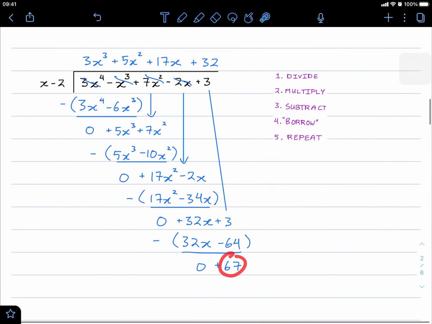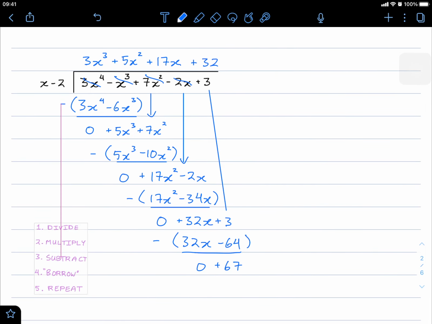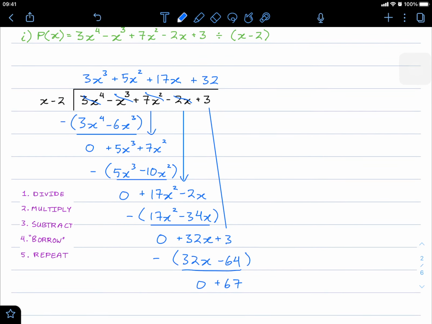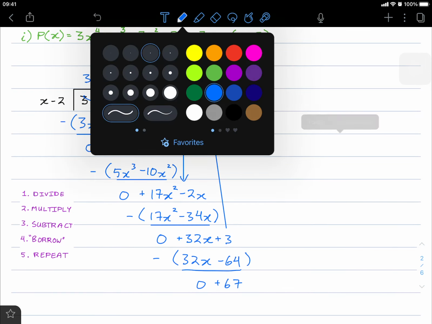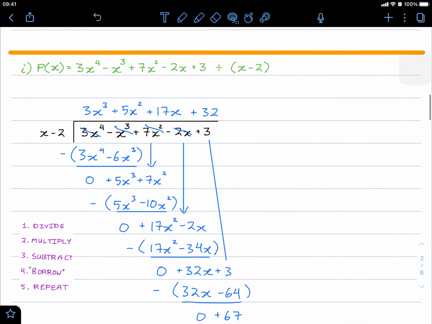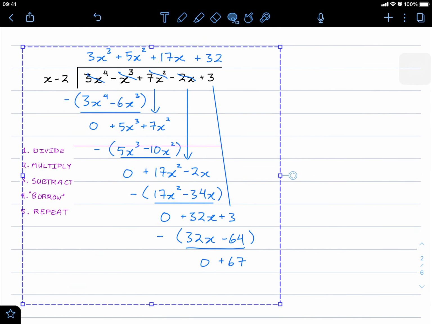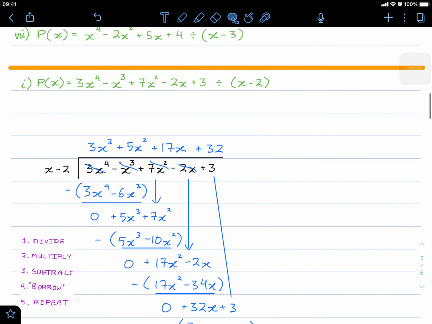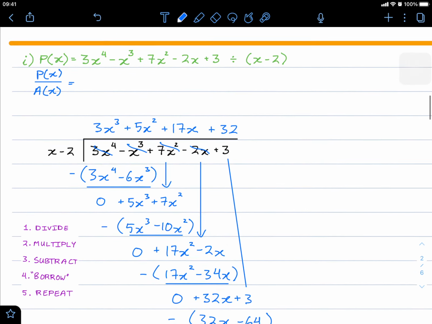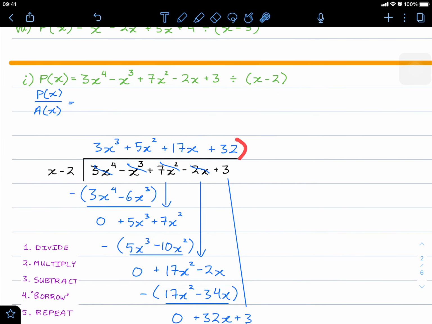Notice now this cannot be divided by x. So what this means is, when we've done the division, p of x divided by a of x, this will leave us with the quotient, which is the whole section of this division.